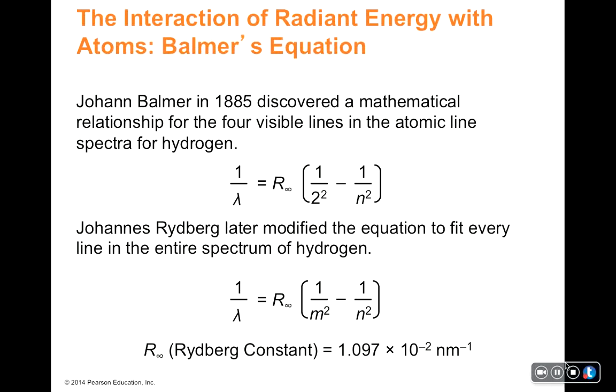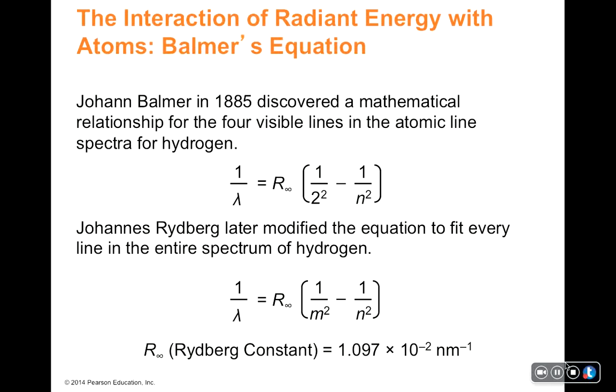So one of the first scientists to take a look at this was Johann Balmer. In 1885, he came up with a mathematical relationship that helped explain those visible lines in the atomic spectra for hydrogen. And then Rydberg later modified that equation to fit every line in the entire spectrum of hydrogen. So this is outside of the visible region.